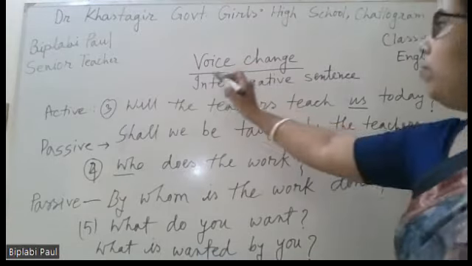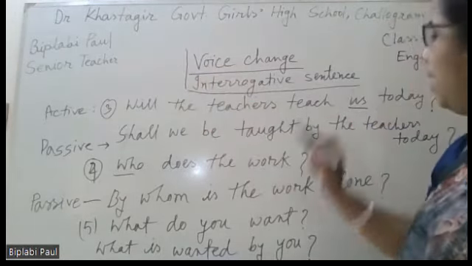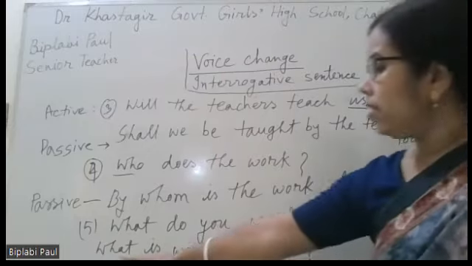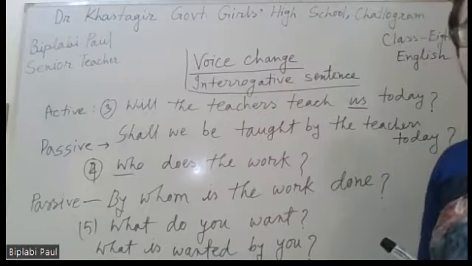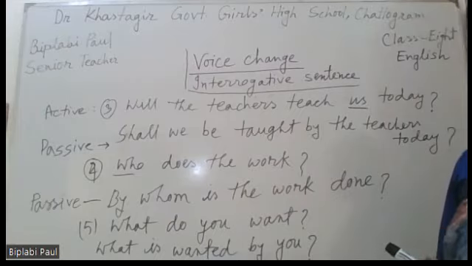When we change the voice of interrogative sentences, we must keep the sentence in interrogative form. For this, what is written in the beginning? Then "is". What is wanted by you?